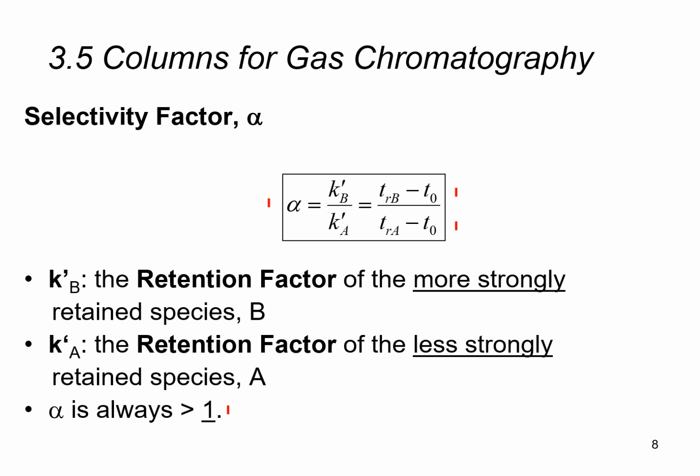So if that's the case, that means that the column is completely unable to separate B from A. It is completely unable to differentiate B from A.